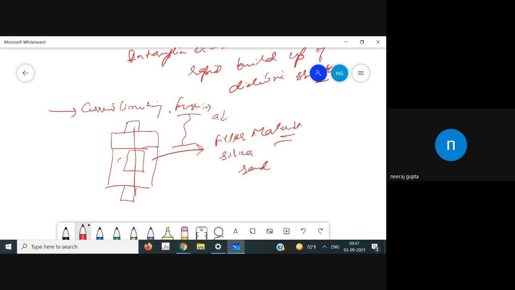Since the area of the arc is reduced, it allows a very high resistance, and since the area is inversely proportional to the resistance, we restrict the arc to a particular area because of this filler material. Because of this, the resistance in the circuit is increased for a very short period of time, and as a result we can't have restriking, and the arc ceases to exist. So this is the main idea.